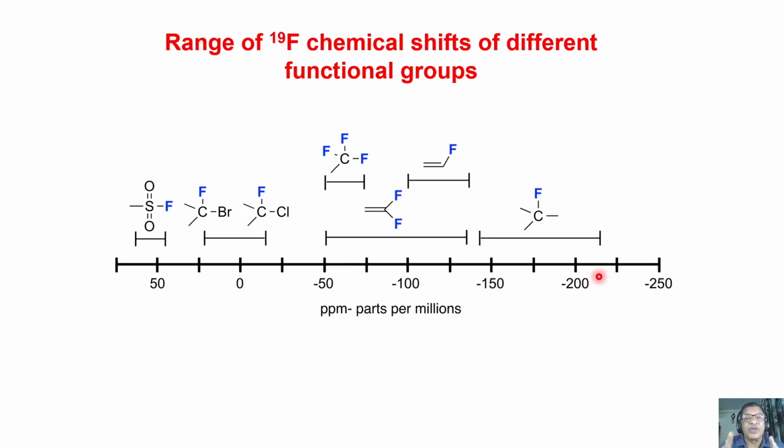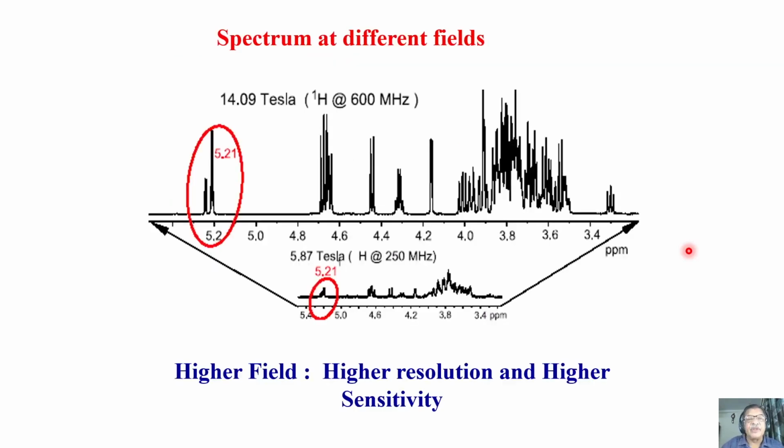Don't ever be under the impression that chemical shifts expressed in ppm are always positive. It is true in most cases, but for some nuclei, with a reference like CFCl3, it can go to negative values. It depends upon the references used for different nuclei, so it can come from the negative region to the positive region. All those things are possible.